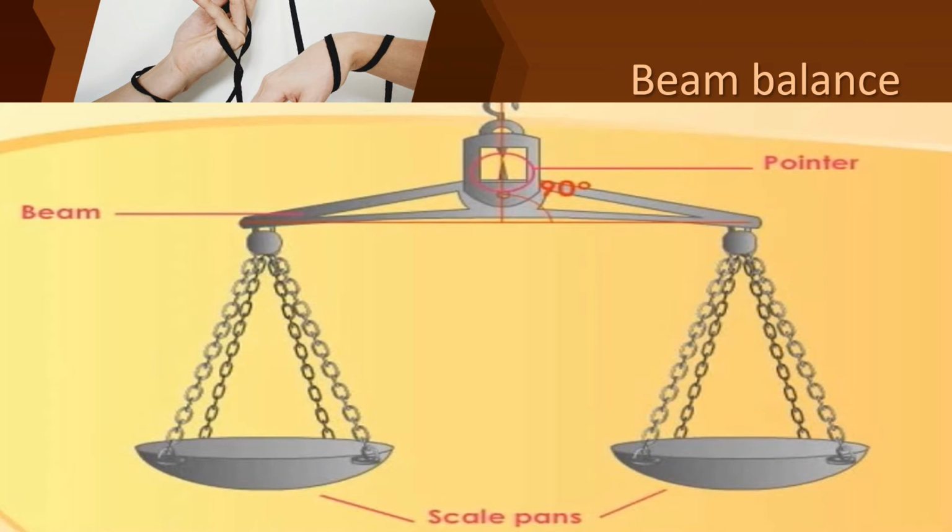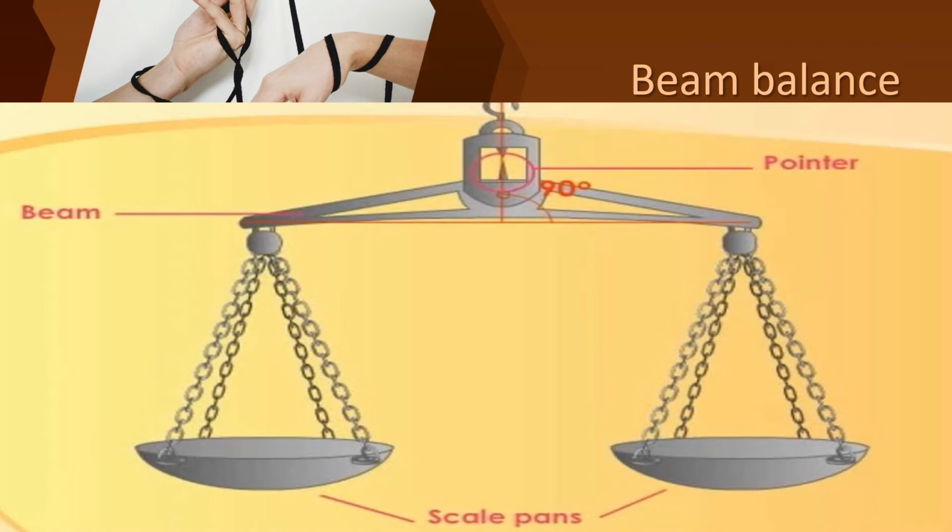So how will you know the accurate weight? If both the pans are equal and the beam is horizontal, we will get the accurate mass. At that time the pointer should be in the vertical position. If it is in the vertical position, only then will you get the correct and accurate measurement.